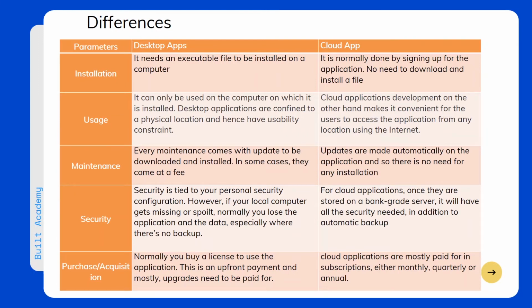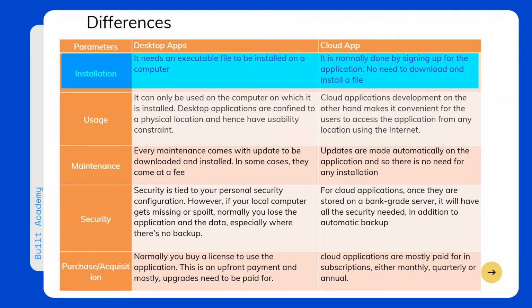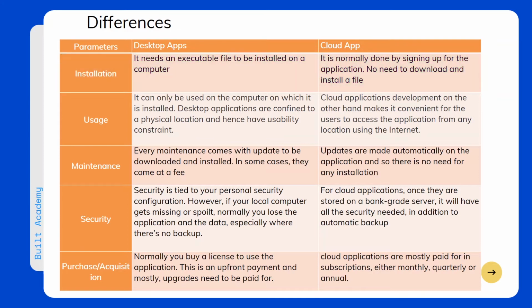Let's now discuss the parameters bordering desktop applications and cloud applications. First is installation. For desktop applications, you will need an executable file to be installed on a computer. Whereas with cloud applications, it is normally accessed by signing up for the application, so there is no need to download and install a file.